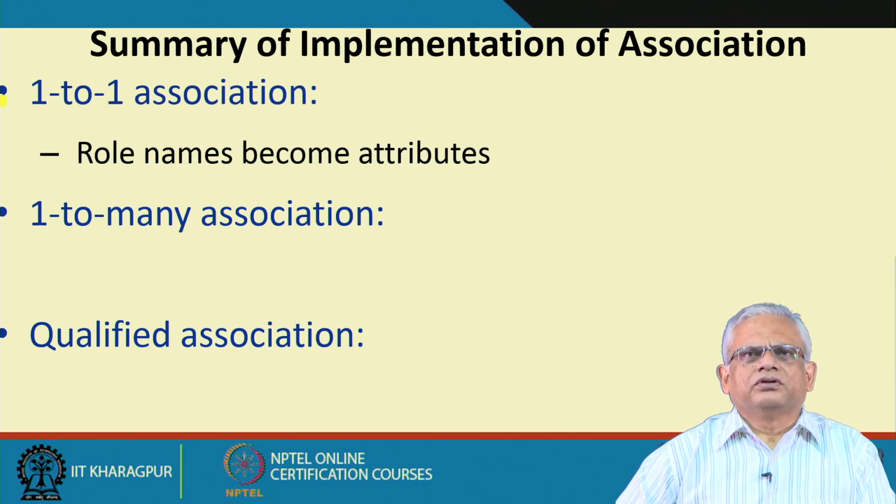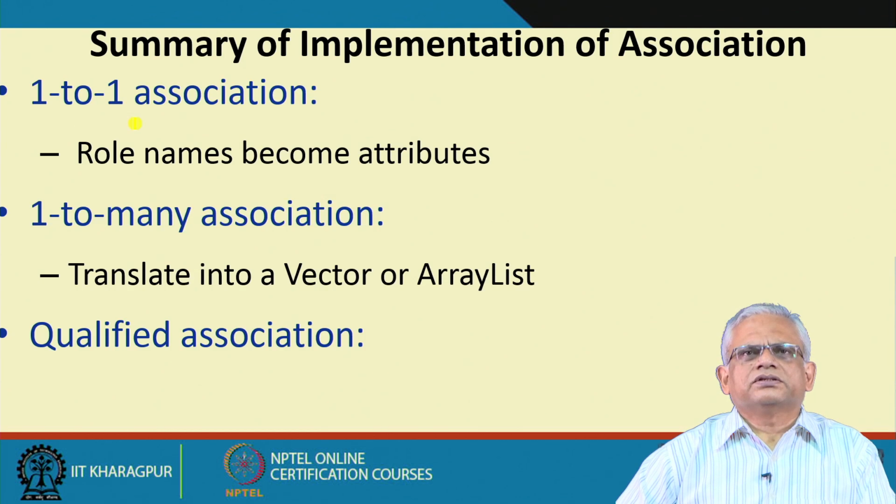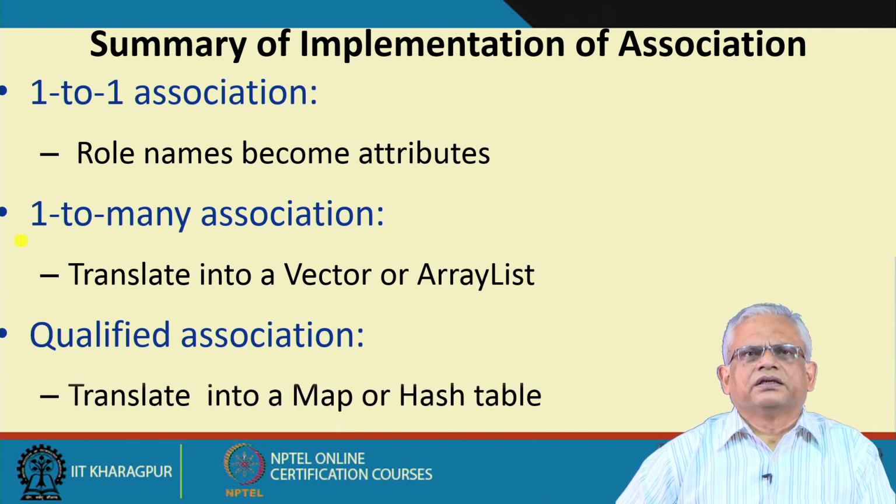And we said that the role names actually become the attribute names, the attributes that are implicit. And then we looked at one-to-many association, and we said that a CASE tool translates it into a vector or an array list, and when we write the code manually, given a one-to-many association, we would use a vector or array list. And a qualified association will translate to a map or a hash table.